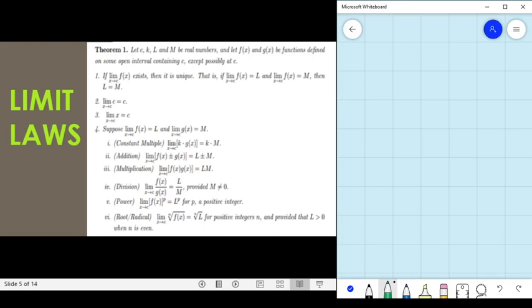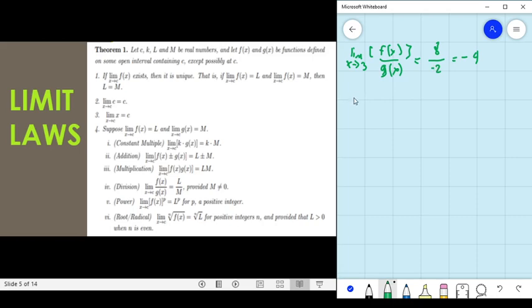Then the limit of f(x) over g(x) as x approaches 3: if the limit of f(x) as x approaches 3 is 8 and the limit of g(x) as x approaches 3 is negative 2, getting the quotient of the two limits, 8 over negative 2, the answer is negative 4.